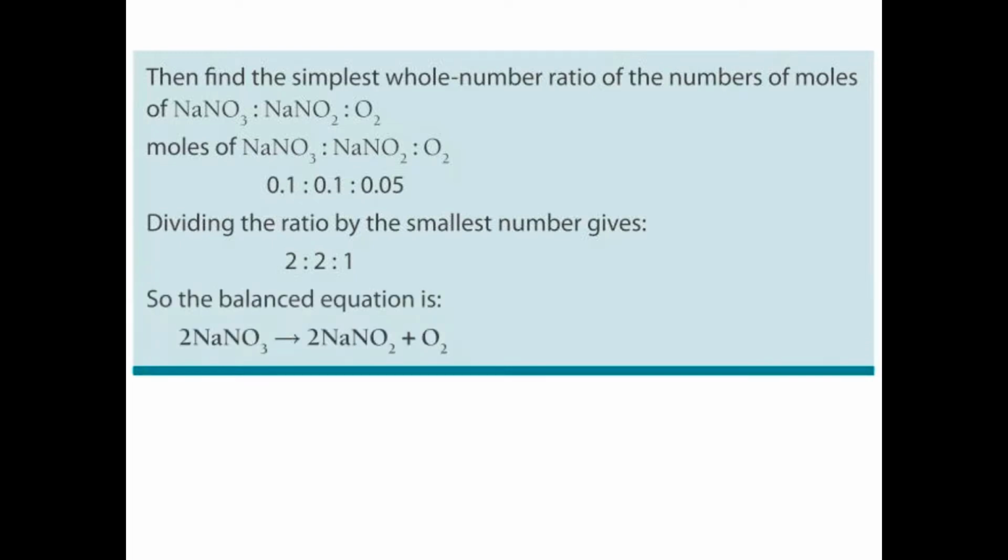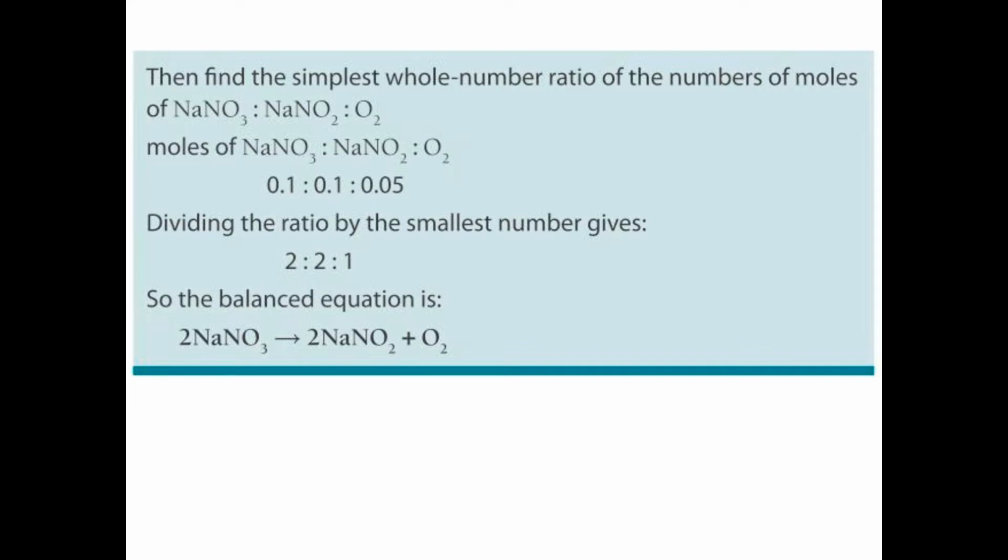And this we can then add to our chemical equation. The number of moles required of sodium nitrate is 2. The number of moles required of sodium nitrite is also 2. And the number of moles of oxygen is 1. As always, if we don't need the 1, leaving it blank and just leaving no number in front of O2 is absolutely fine.